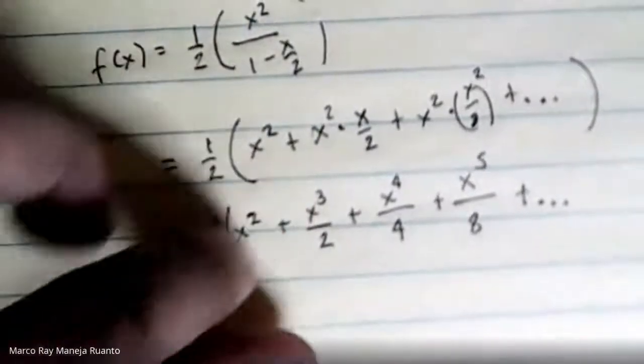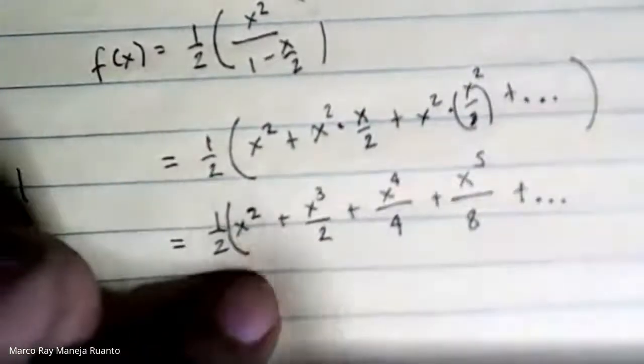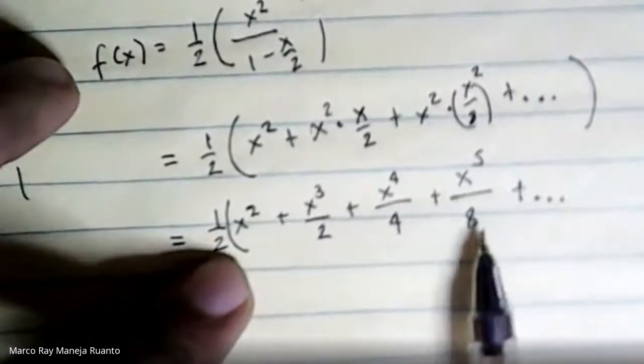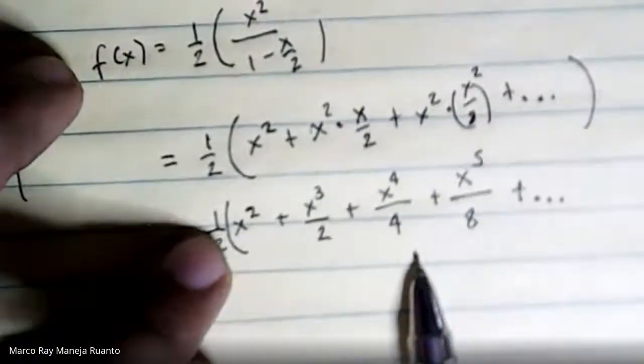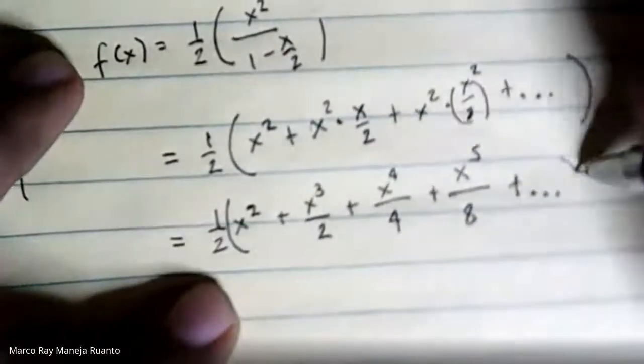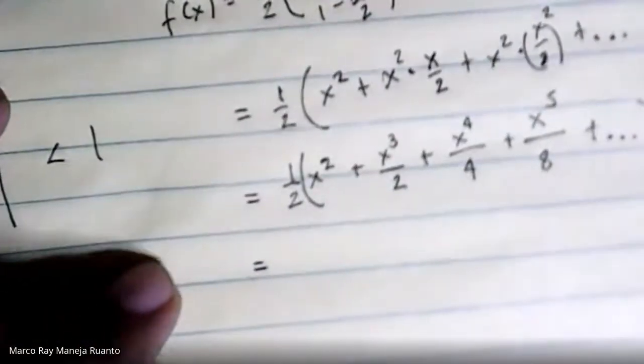Okay, so what general rule ba atong pwede makuha ani, class? What general rule ba atong ma-express ani? So, in terms of summation, what general rule ba atong pwede ma-express for f of x?